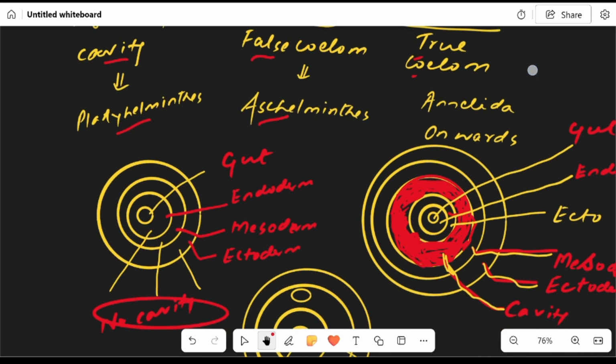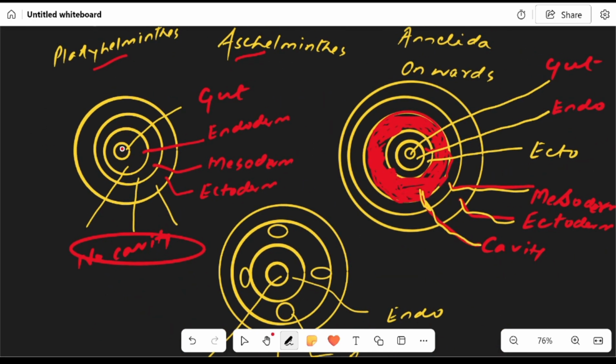Now let's see the structure. Here we have the gut. After the gut it's the endoderm, after endoderm it's the mesoderm, and here's the ectoderm. There is no cavity here.